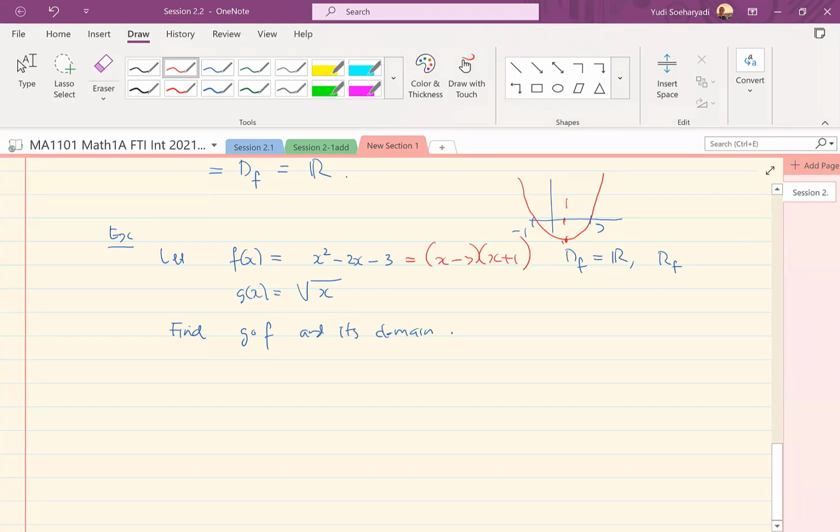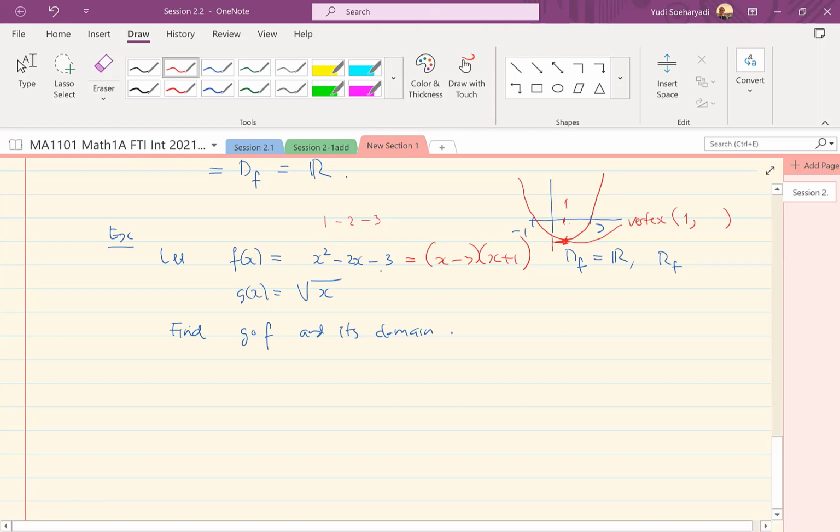Okay. So the lowest point of this is, anyway, we'll talk about it in more detail later. This is the point, this is 1. So what is this one? All right. Well, plug in 1 here. If you plug in 1, then you get 1 minus 2 minus 3. Okay, so let's see.